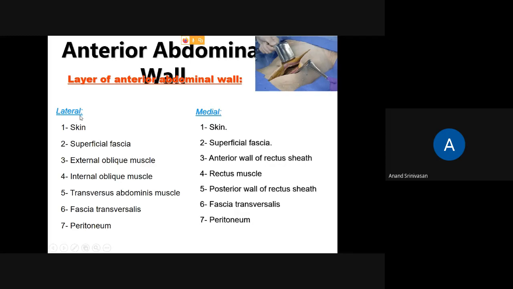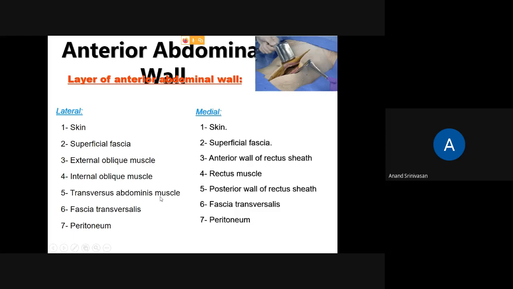On the lateral side. That is the paramedial side. So, if you make an incision in the abdomen on the lateral aspect, the first layer would be the skin, the next layer would be the superficial fascia, which is made up of fat, and the next layer would be a muscle, the external oblique muscle, and below it the internal oblique muscle, and below the internal oblique the transverse abdominis muscle.